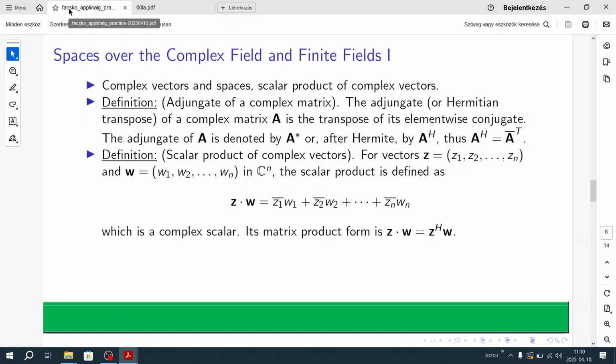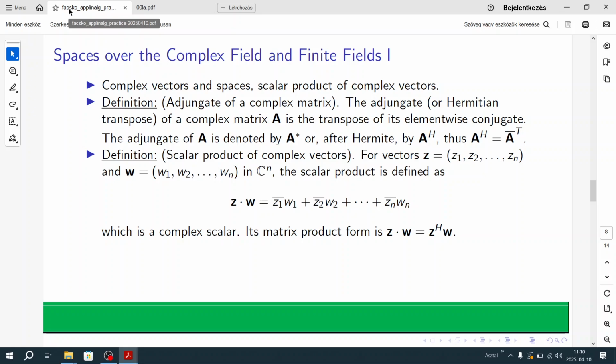We have something. This argument is not a good term. I wrote this, but this is not a good term. Hermitian transpose.